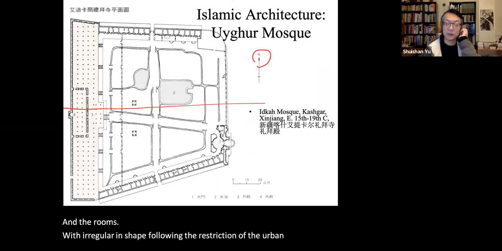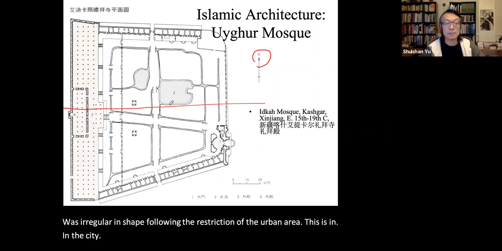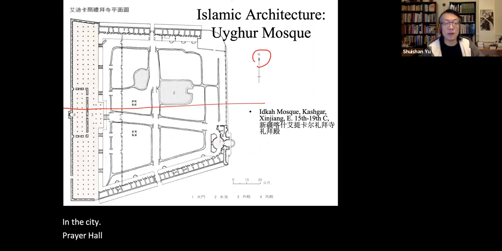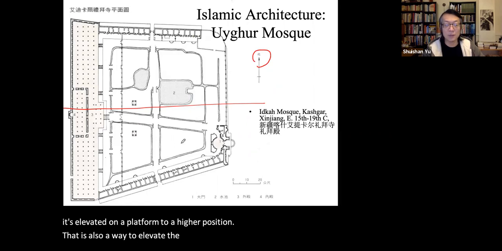This is in the city. The prayer hall is elevated on a platform to a higher position. That is also a way to elevate the sacred ground from the rest.